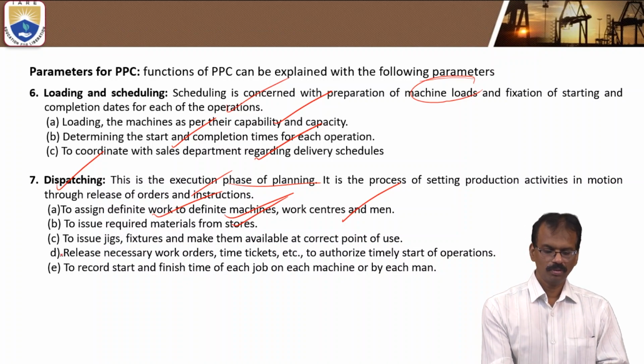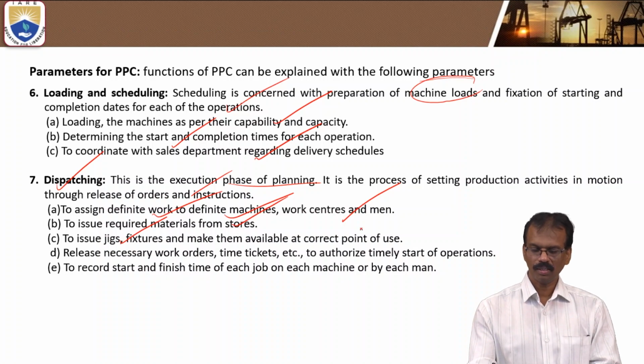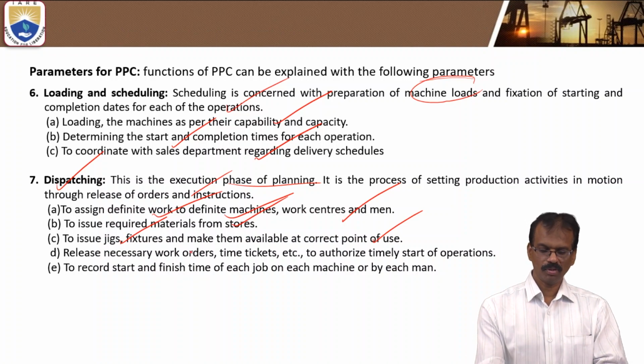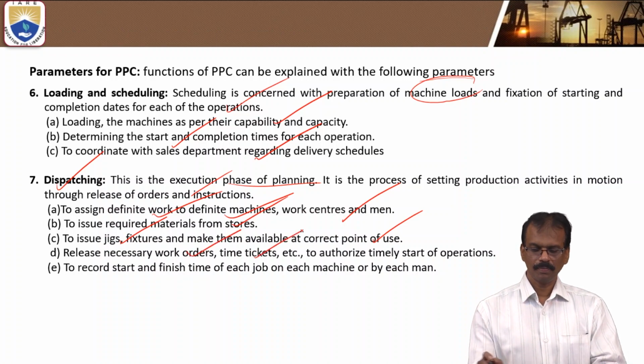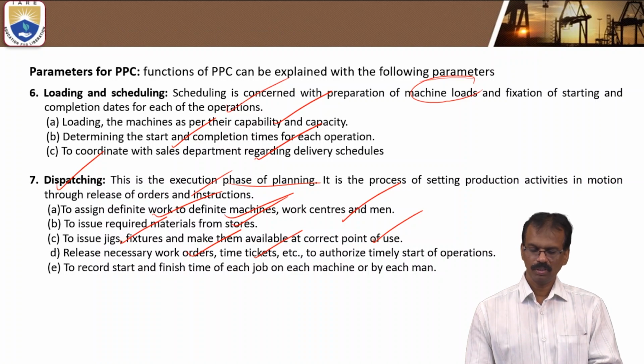So next, to issue the jigs and fixtures, because the requirement of the work holding devices at the correct point of use is also very important. Next, release necessary work orders, time tickets, etc. in a timely manner for providing the production. So that is very important.